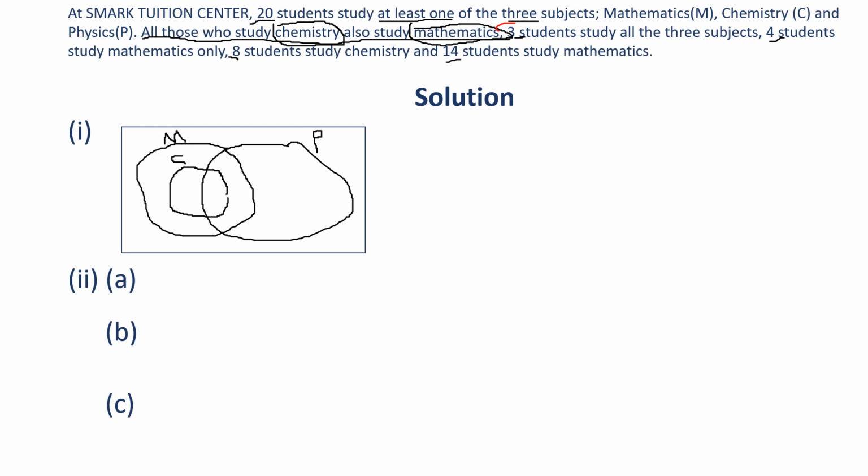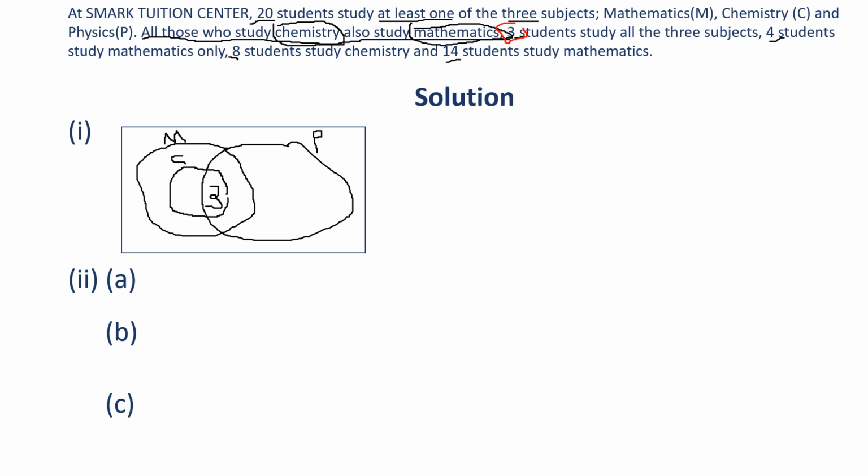You indicate 3 where all the 3 sets are meeting, or intersecting. So it's here we are going to enter our 3.